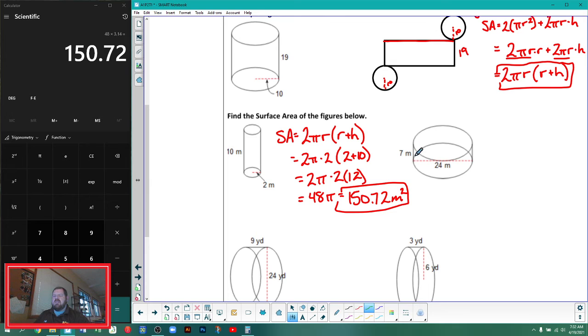I have a height of 7 and a diameter of 14. So one thing that you should probably do for yourself is to turn your diameter into a radius by cutting it in half. Cutting it in half gives me 7. So my surface area, I'm going to go right to plugging in numbers. 2 pi times the radius, and then the radius plus the height.